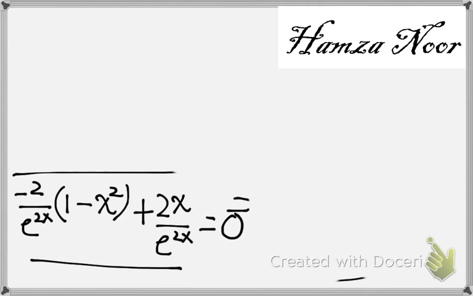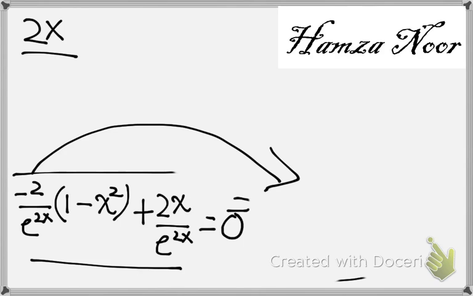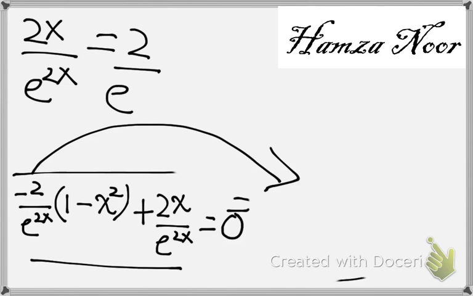So I'll take this negative term on the right hand side of the equation and make it a positive. So this goes like this: 2x over e to the power 2x is equal to 2e to the power 2x multiplied by 1 minus x squared. Alright, so at these steps you need to be very good at your algebra.